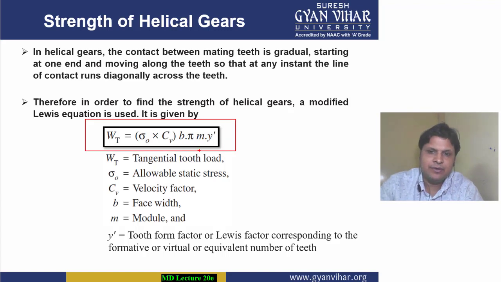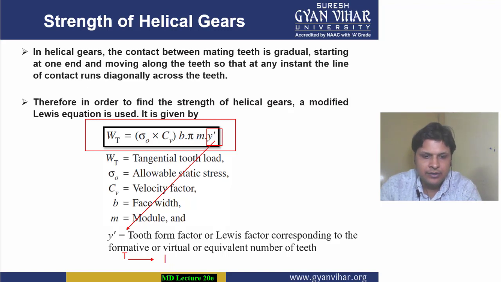The only difference between this equation and the equation used for a spur gear is the tooth form factor. In the tooth form factor, the number of teeth we take will not be T. In place of T, we will be using Te.